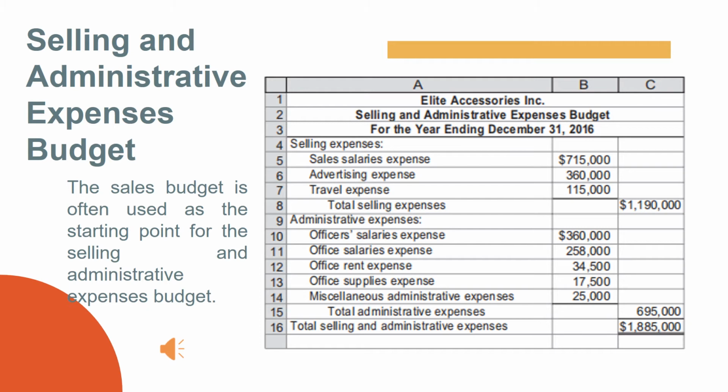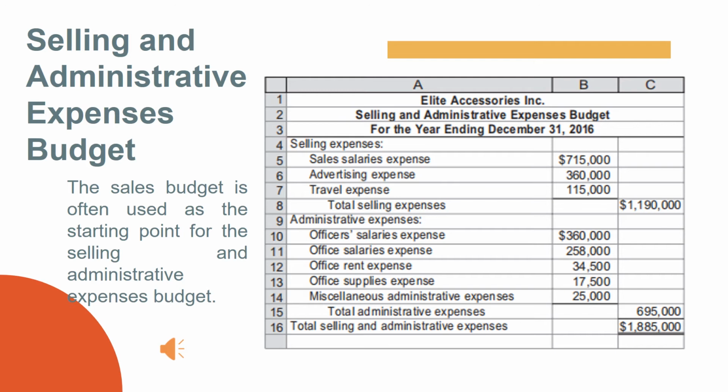So for this particular company, Elite Accessories Incorporated had sales, salaries expense, advertising expense, and travel expense that totaled $1,190 for the year 2016.